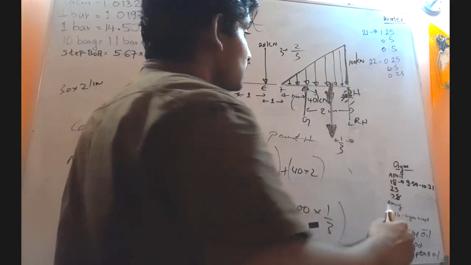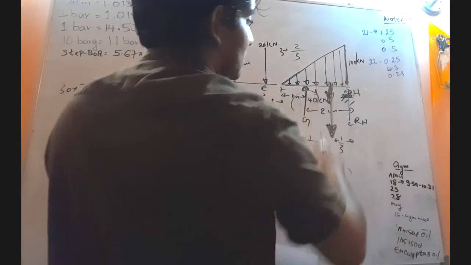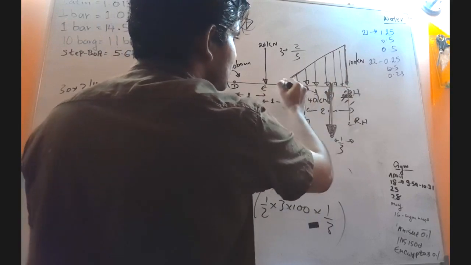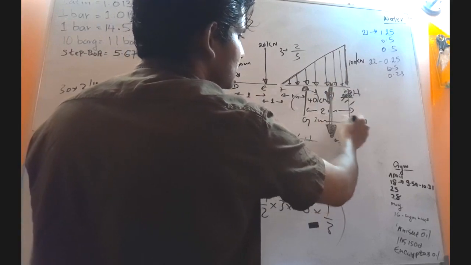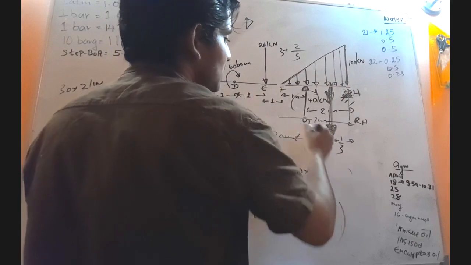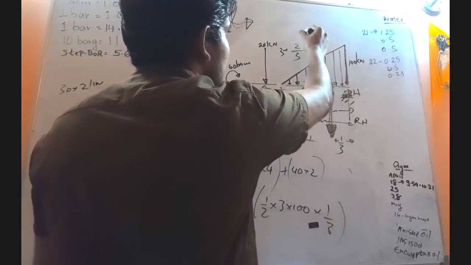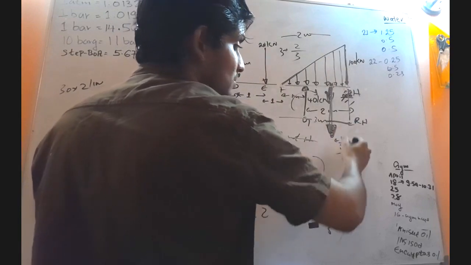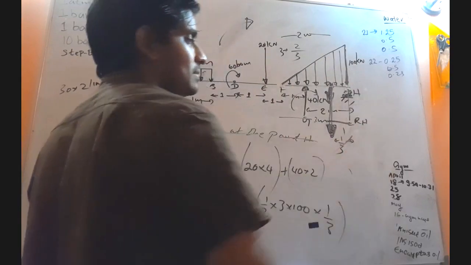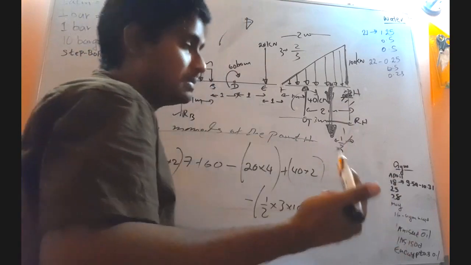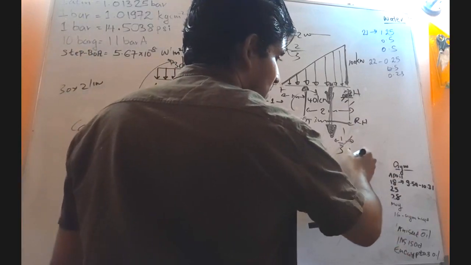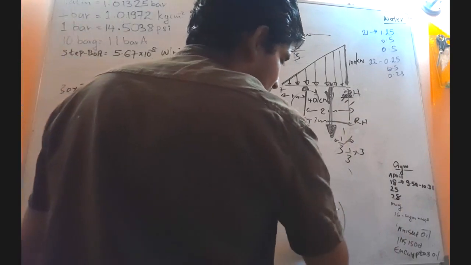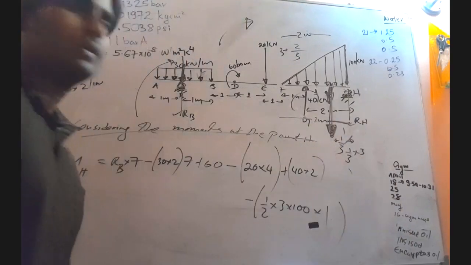The length of this base is 3 meters, so 2/3 means from here to here it is 2 meters. So what is this distance? It is not 1/3, it is 1, because it is 1/3 out of 3. So here it is not 1/3, it is 1. Be very careful.